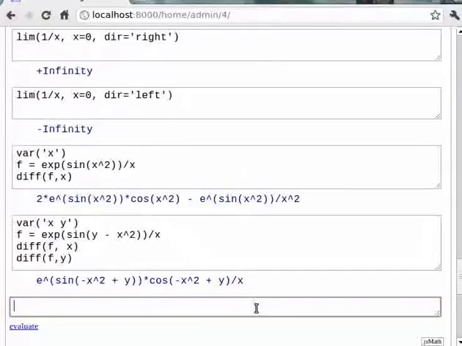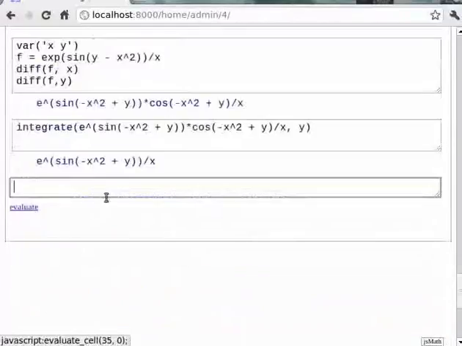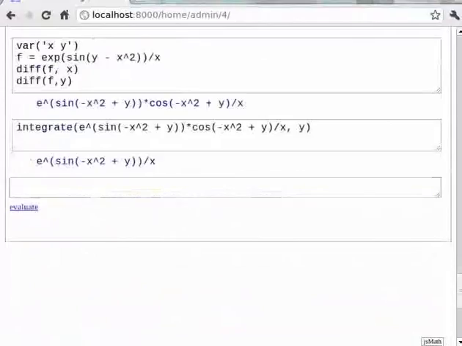So you can type integrate within brackets e raised to sine minus x square plus y multiplied by cos minus x square plus y by x comma y in the bracket. As we can see, we get back the correct expression. The minus sign being inside or outside the sine function does not change much.